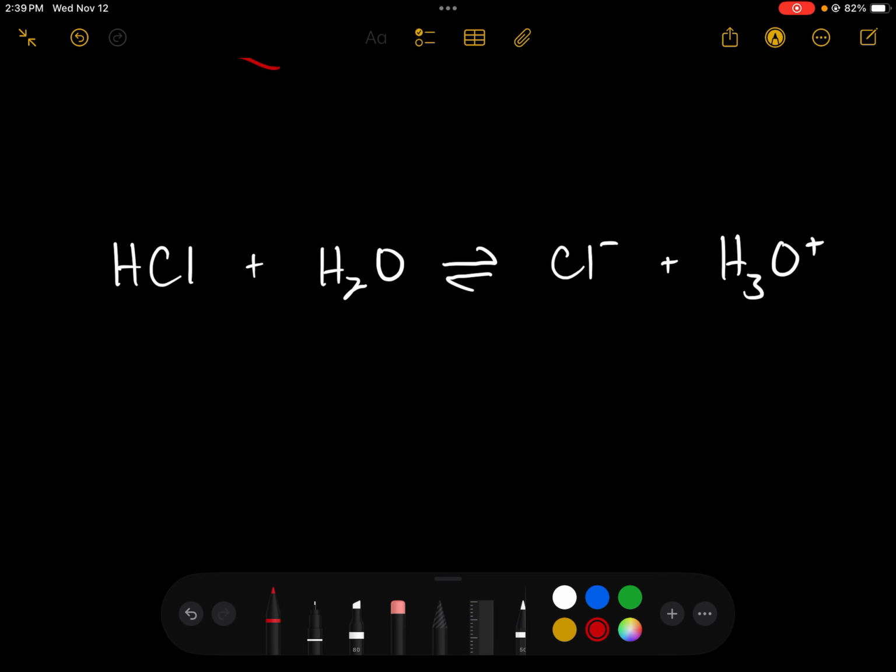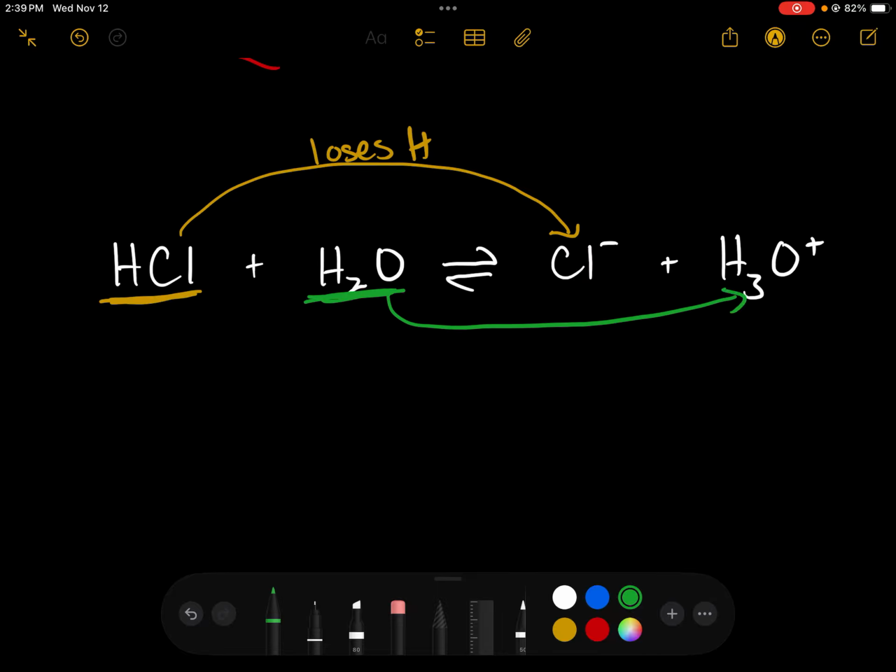So I see that HCl over the course of this reaction loses a hydrogen, and I see that water over the course of this reaction gains a hydrogen. I know that acids need to donate a hydrogen, so my HCl, since it lost a hydrogen, is going to be my acid.